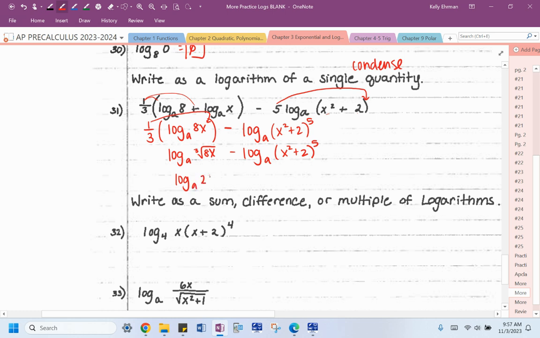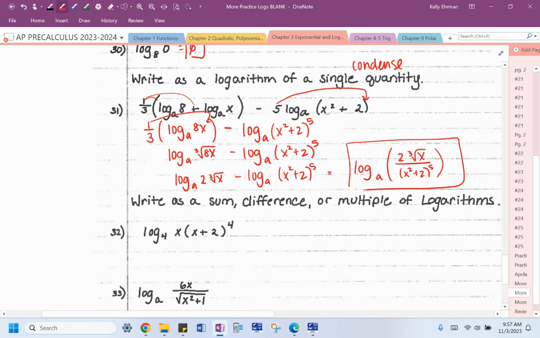Log base A of 2 cube root of x minus log base A of x squared plus 2 to the 5th. Condense that down to a single logarithm. So log base A of 2 cube root of x is in the top of a fraction, and x squared plus 2 to the 5th is in the bottom of the fraction since it was subtracted. And so now I got it down to a single logarithm.